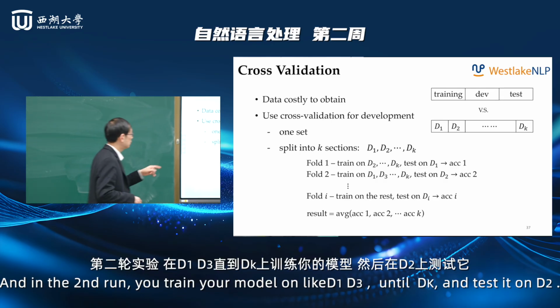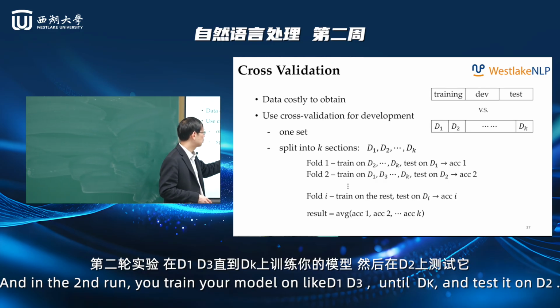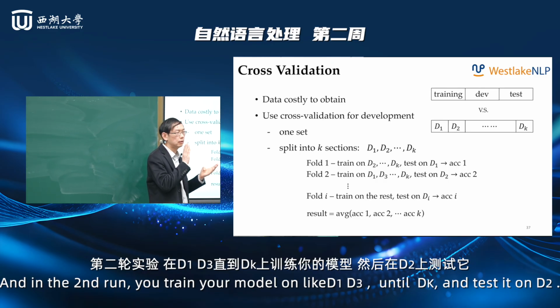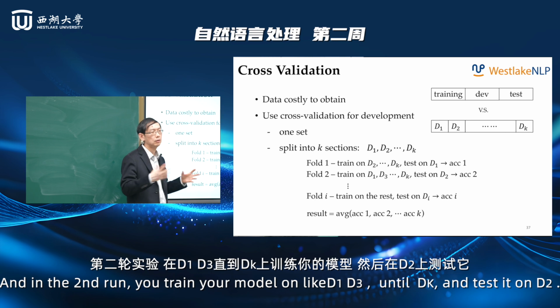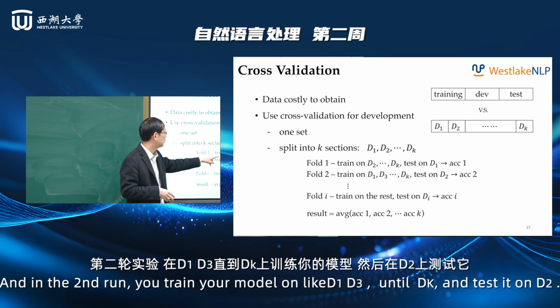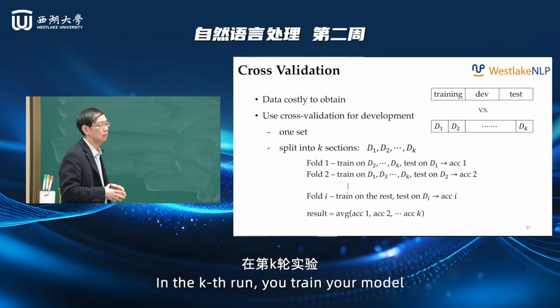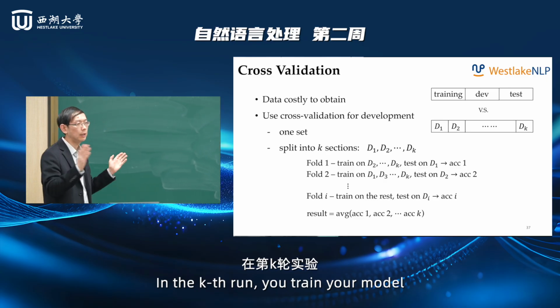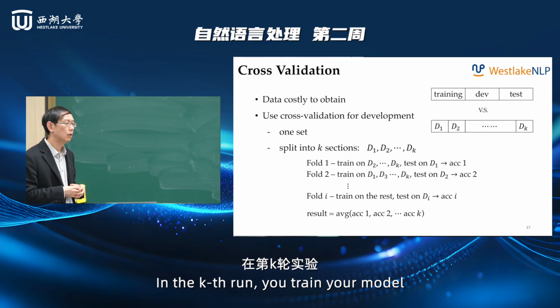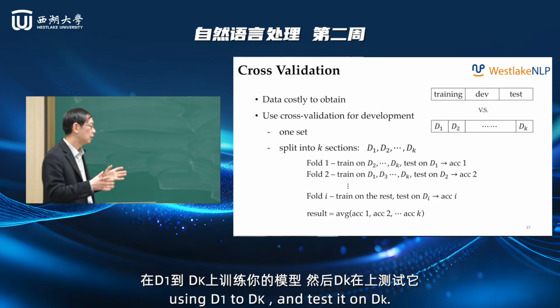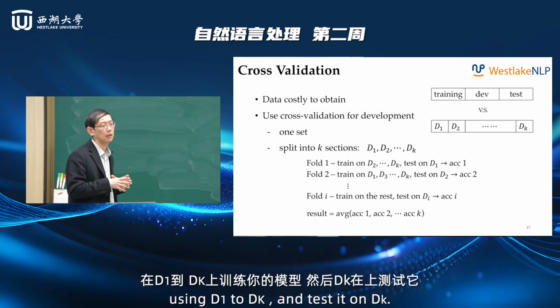And in the second run, you train your model on D1, D3 until DK, and test it on D2. So in the K-th fold, you train your model using D1 to DK minus 1 and test it on DK.